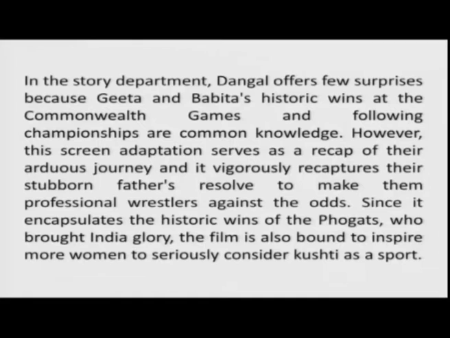Now, the second review starts with this sentence: in the story department Dangal offers few surprises. Note that few has a negative connotation. Here the writer of this review admits that story wise there are no surprises, but then is it a bad movie?